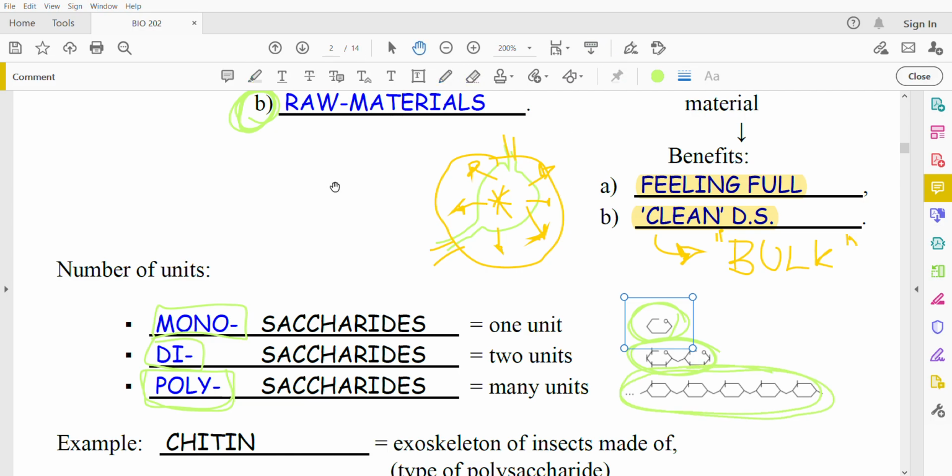We end up seeing carbs that can be very, very long in structure. So that's the terminology that we want to know in terms of the carbohydrates and the number of units.